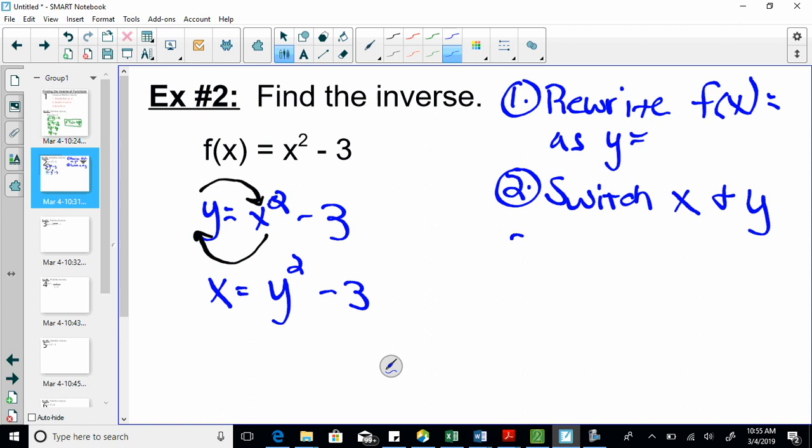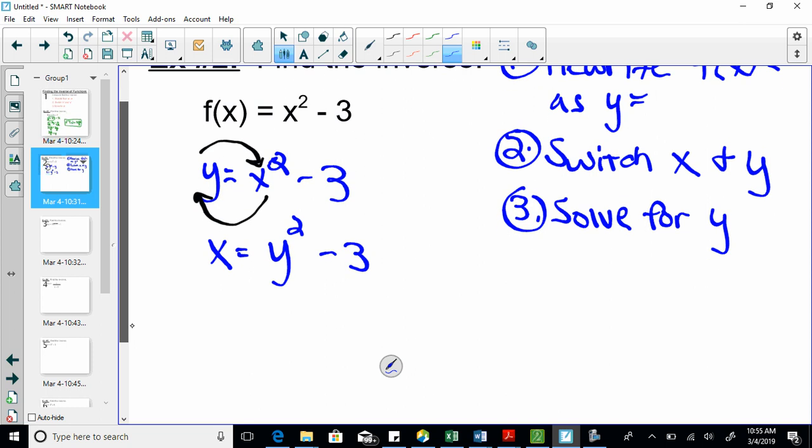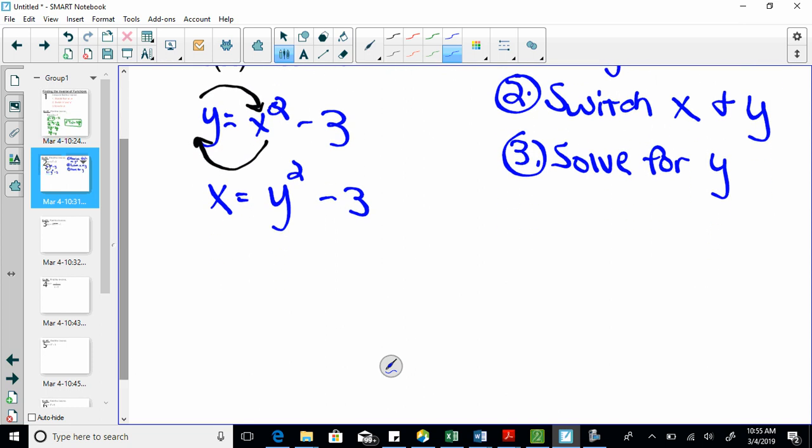Remember, the last step, number 3, is we solve for y. So to solve for y, first thing I'm going to do is move the number. So I have minus 3. I am going to add 3 to both sides. So I have x plus 3 equals y squared. Now, I have y squared.